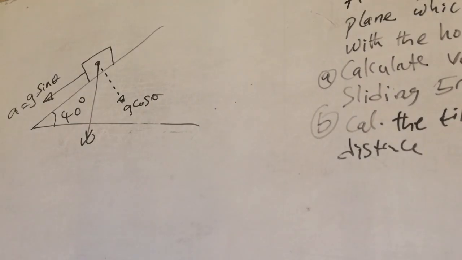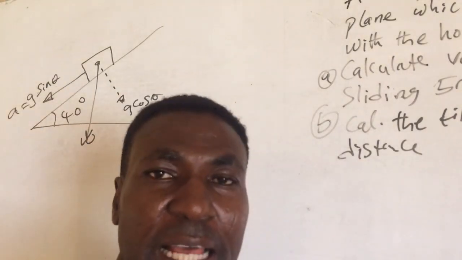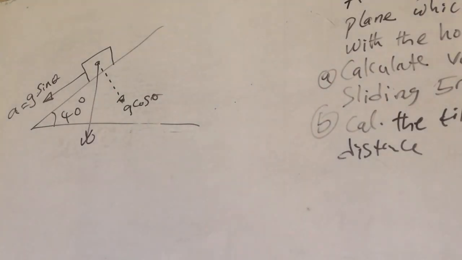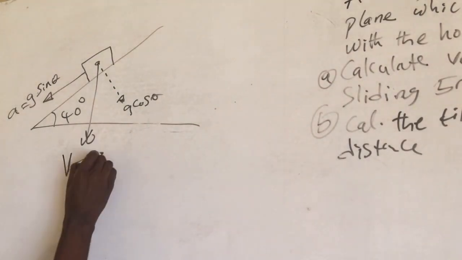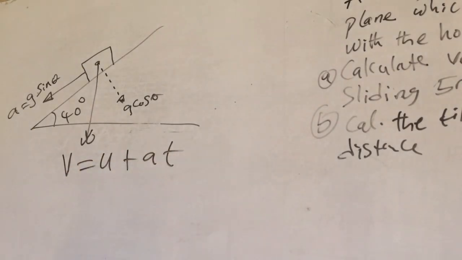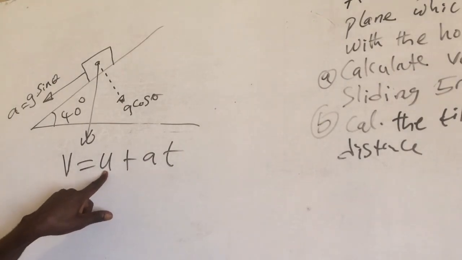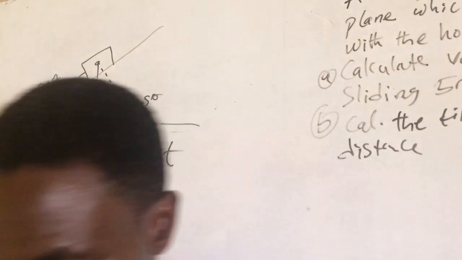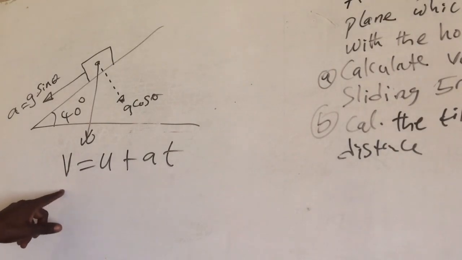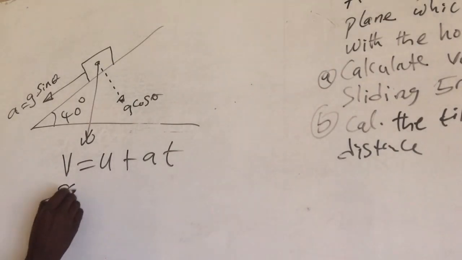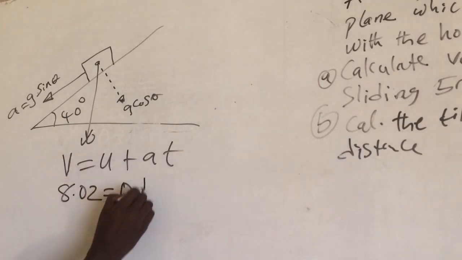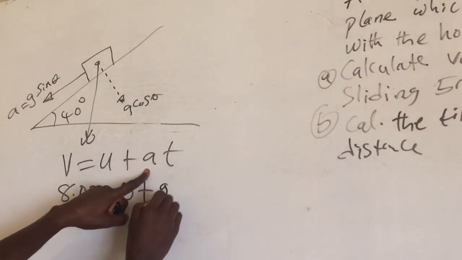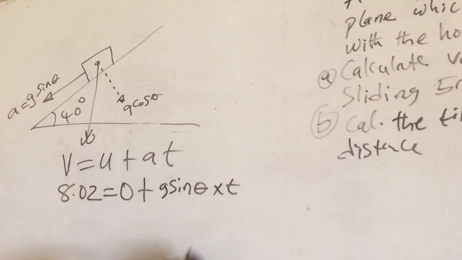Now calculating for B, which says we should find the time it has taken to slide the 5-meter distance. The formula we will use is v equals u plus at. v is the final velocity, u is the initial velocity, a is the acceleration, and t is the time they are asking us to find. Now, fixing our values, we calculated v before, which is 8.02, equals our u, which is 0, plus our a, which is g sine theta, times t.